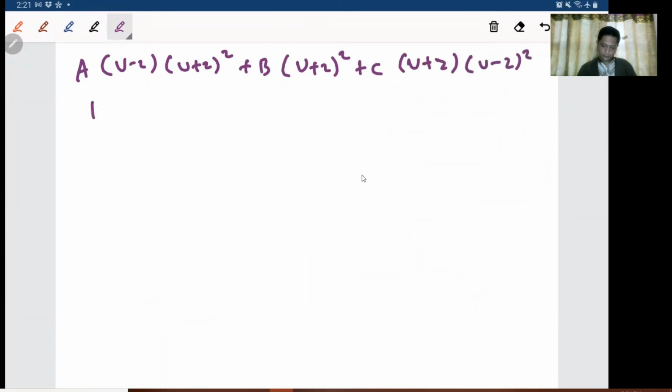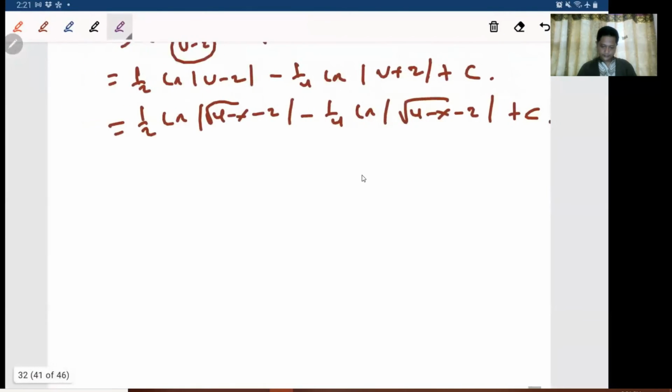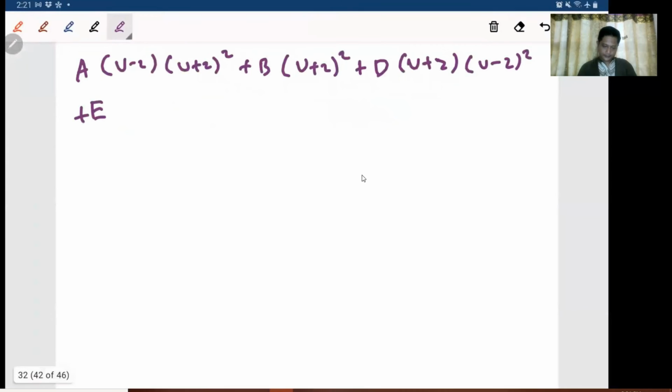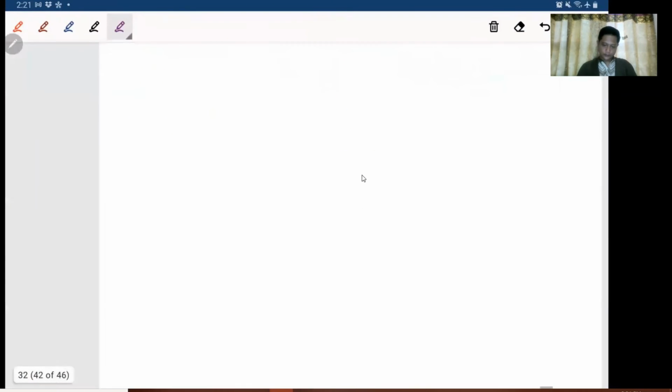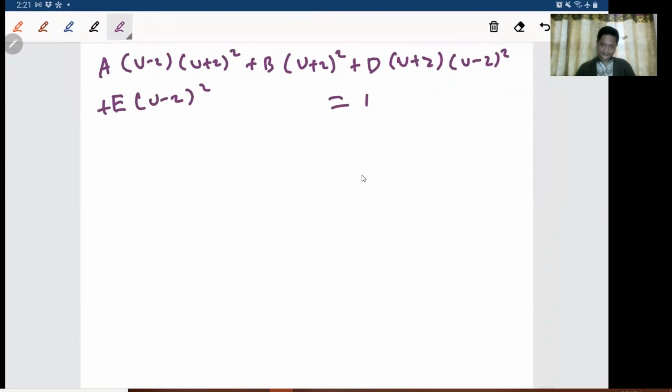And then D should be, and then E, what does E need? E needs u minus 2 squared. And if you add everything together, that will be equal to 1. And then try to solve it. See, it's not as easy as it looks.